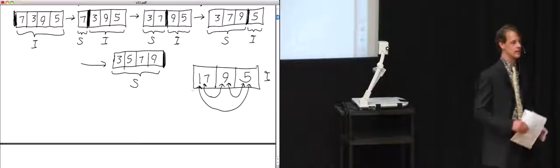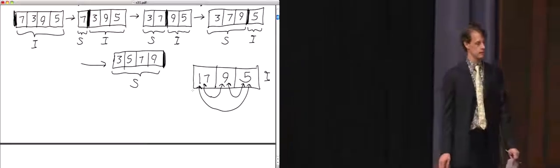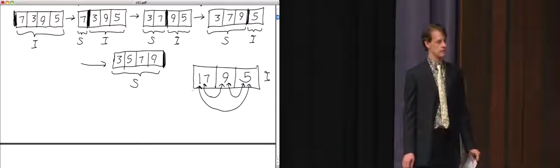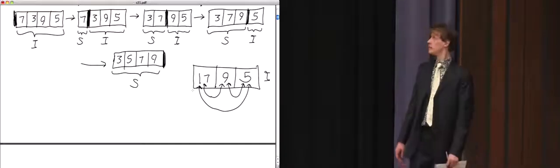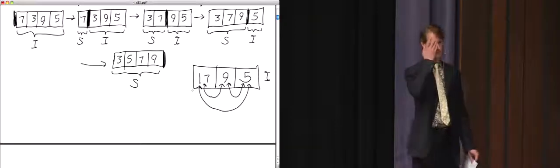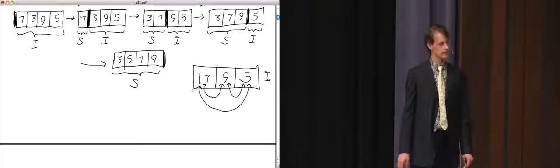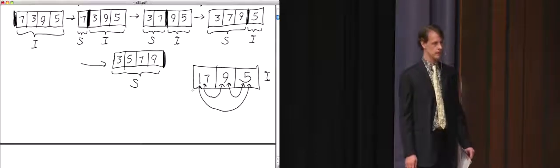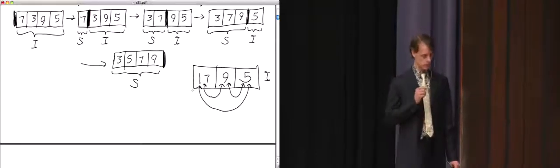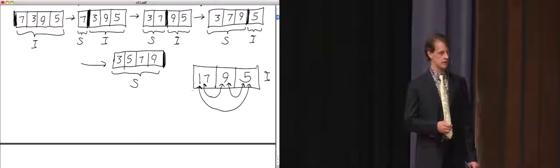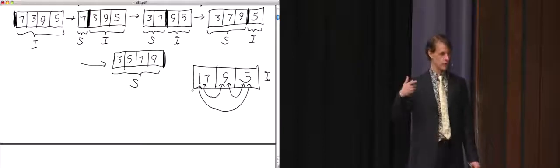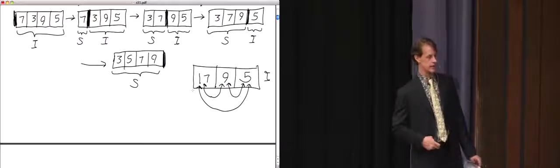Yes? Does insertion sort run quickly on nearly sorted lists? Okay. So yes, you can get insertion sort to run just as quickly, proportional to the number of inversions, on linked lists.